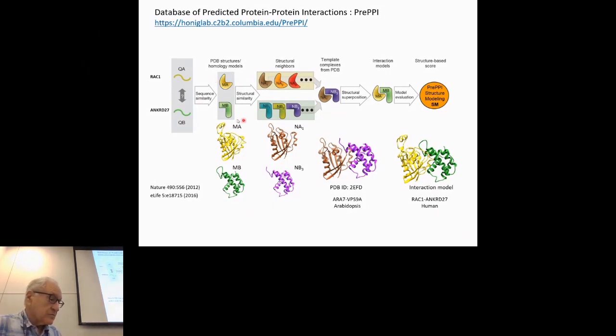Here are models of the green and yellow proteins. We look for structural neighbors using structural alignment, and we look for those neighbors in PDB complexes. If we find such neighbors, then we effectively build a homology model of the yellow protein interacting with the green.